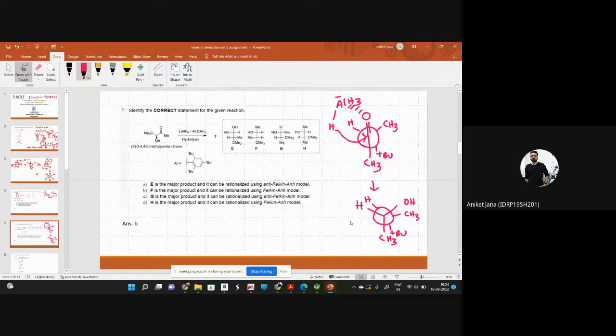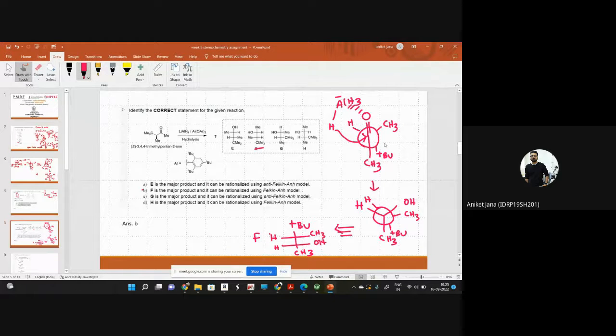so if we rearrange it to the Fischer projection formula, it will look like this, and it is matching with the given option F, and the right option is option B, that F is the major product and it can be rationalized using the Felkin-Anh model.